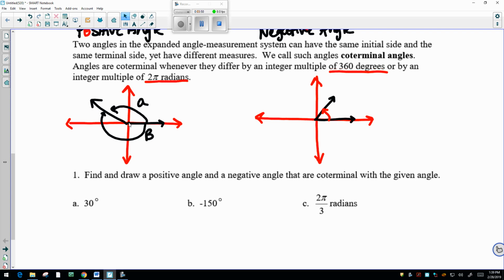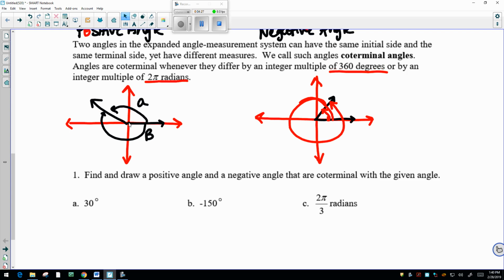Okay, now a coterminal angle, if it's differing by an integer multiple of 360, would basically be this angle, but all the way around the circle and ending back in that same location. Okay, so I could have perhaps, and notice they're going in that same direction, two positive coterminal angles, just one is going to start from the axis up to the side, one's going to go around from the axis all the way around back to that same ending location.